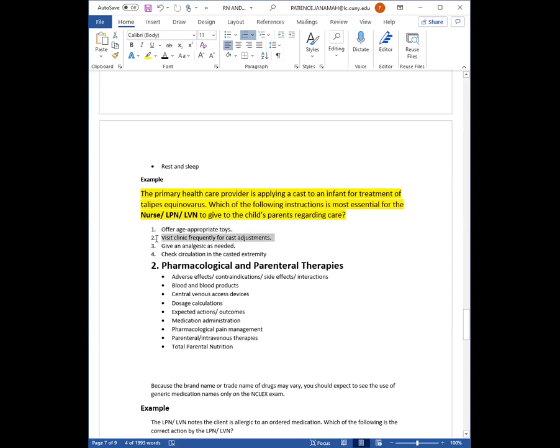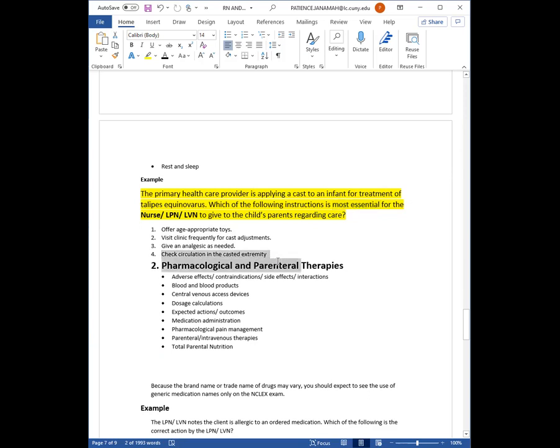Yes, you will tell the mother all these things, but the most essential, that's what I said. Remember, so far as there's a cast, there's a traction, there's something new on your skin that is giving pressure, you are worried about circulation. So number 4 is correct.